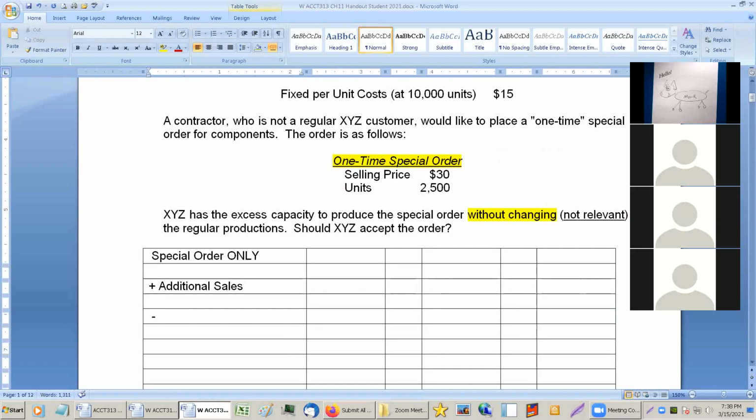Money going out would be additional variable costs, additional fixed costs. And that will give us our additional income. And again, we do not need the regular production because it's not going to change. It's not relevant. We don't need those numbers.